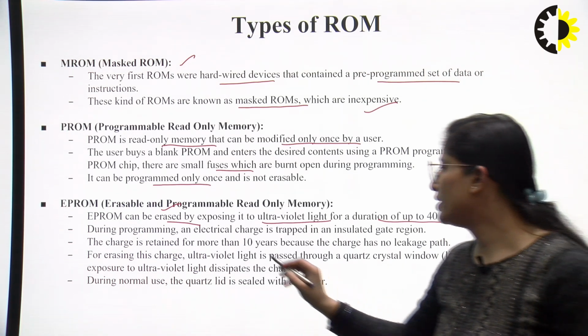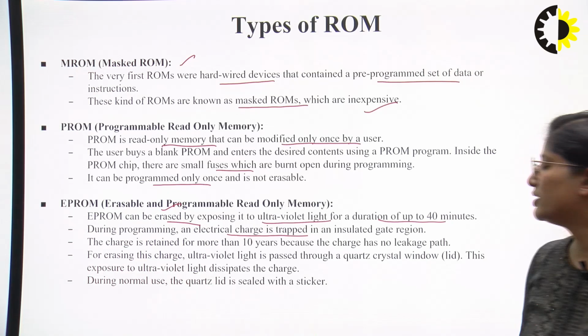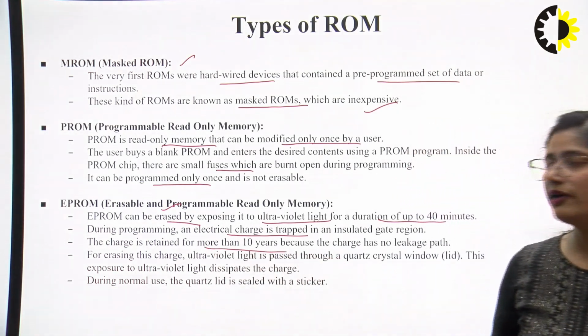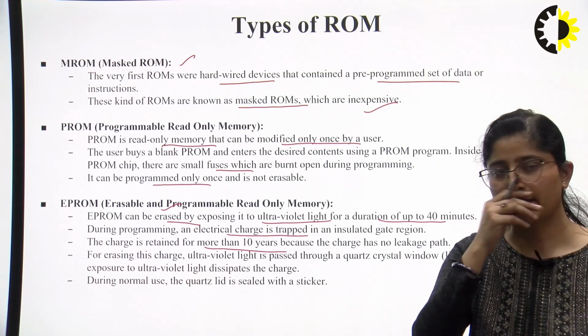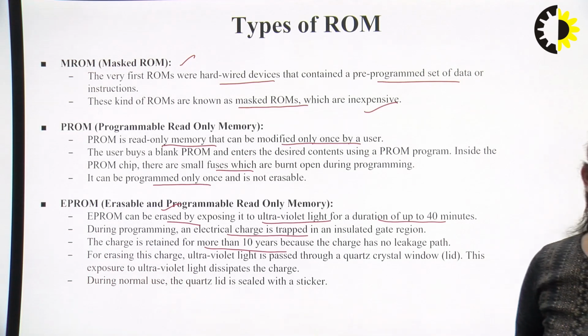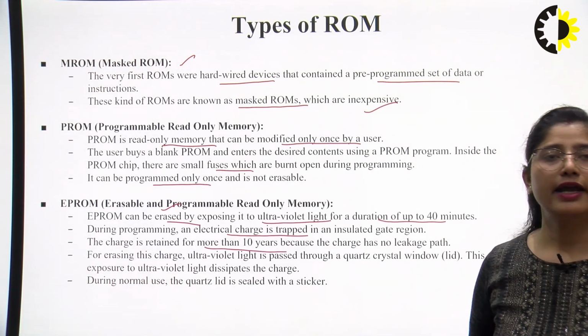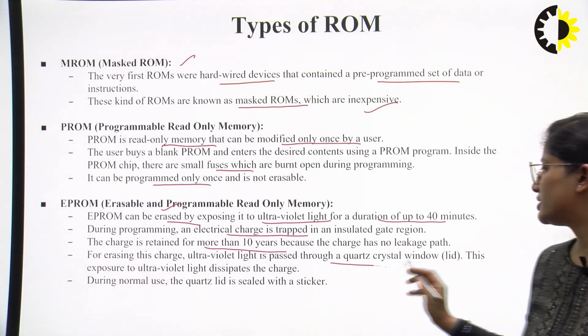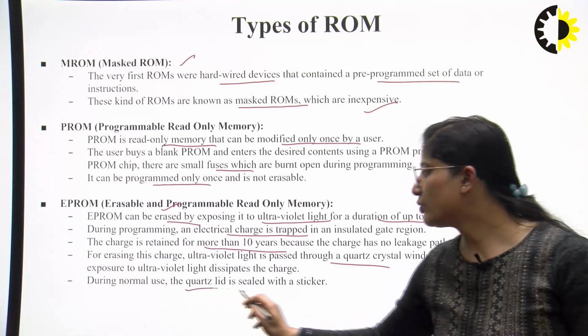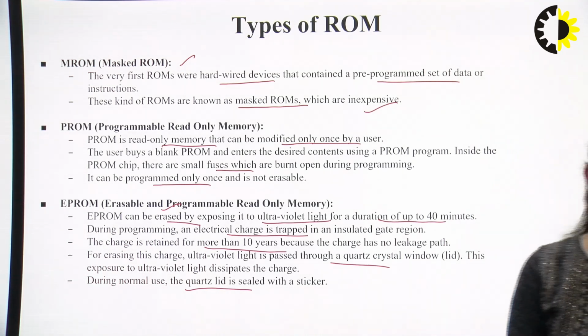During the programming, electrical charge is trapped in an insulated gate. The charge can be retained for more than 10 years because the charge has no leaking path. For erasing the charge, ultraviolet light is passed through a quartz crystal window. During normal use, the quartz lid is sealed with a sticker.